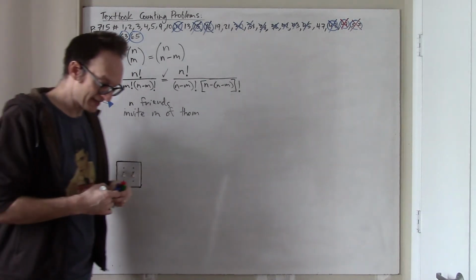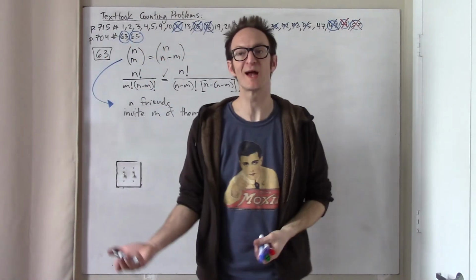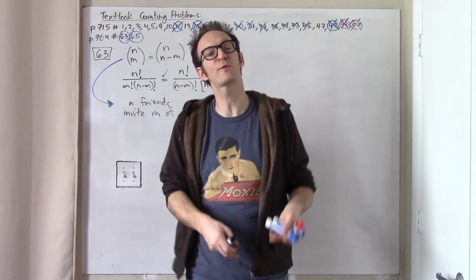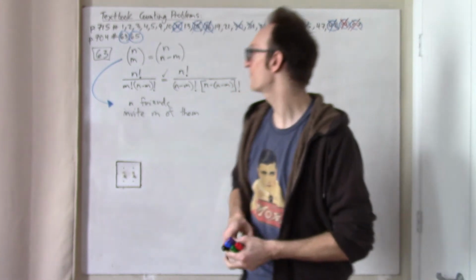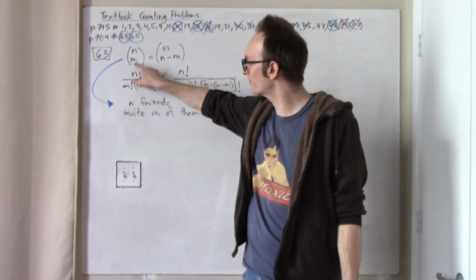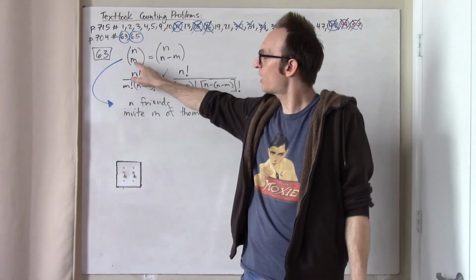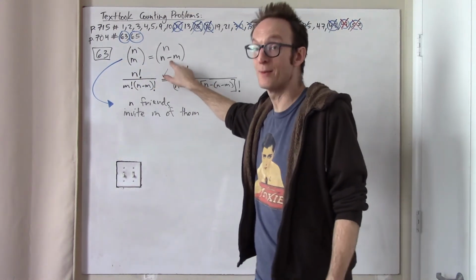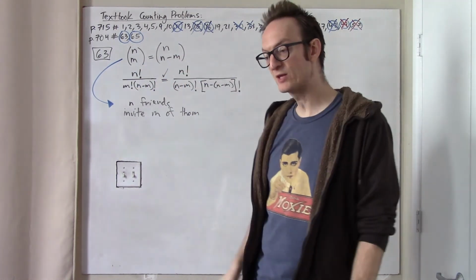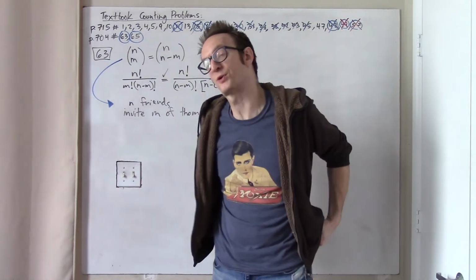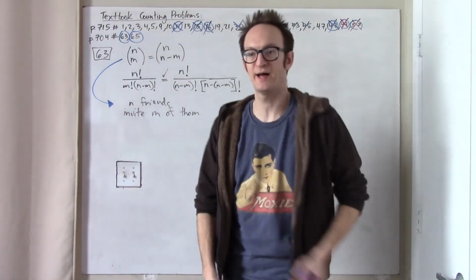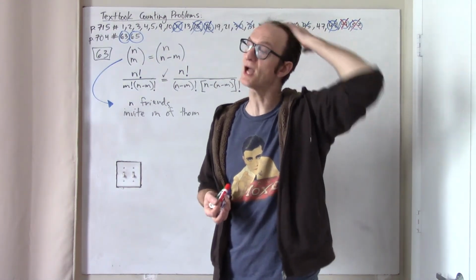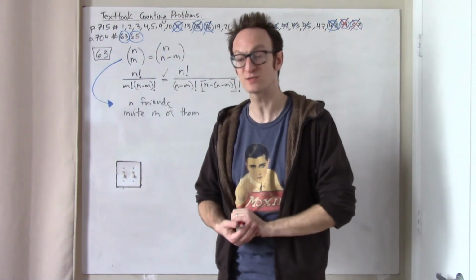But picking which of your friends you're going to invite is the same problem as picking which of your friends not to invite. So if you are going to invite only m of your friends, then you're going to leave out n minus m of your friends, and that either makes you kind of sad, or if you're a cruel person, you want to do it intentionally, but maybe that's actually the most important decision, not who to invite, but who not to invite.